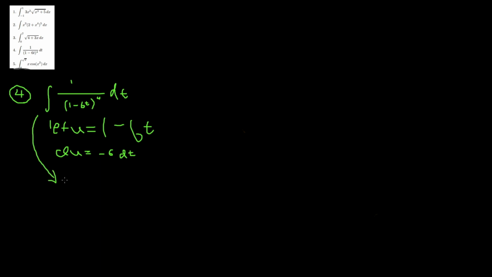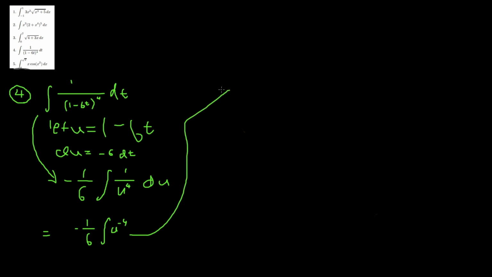So from here we just have negative 1 over 6 times the antiderivative of 1 over u to the 4 du, which is equal to negative 1 over 6 times the antiderivative of u to the negative 4.